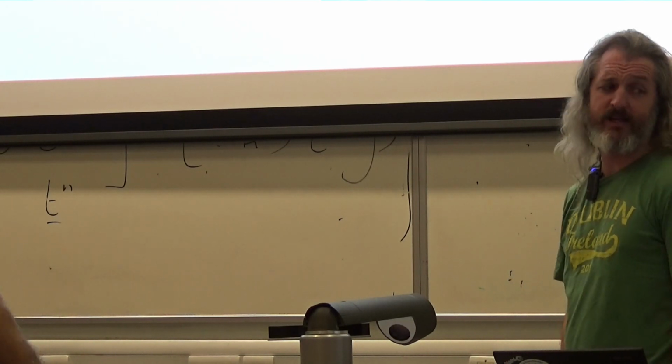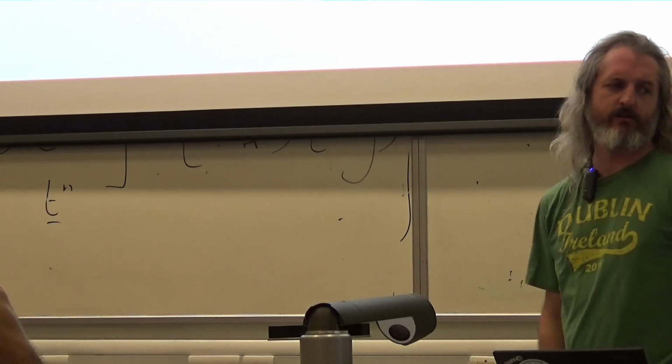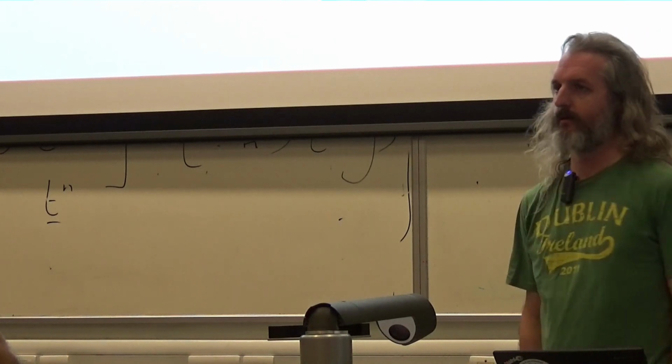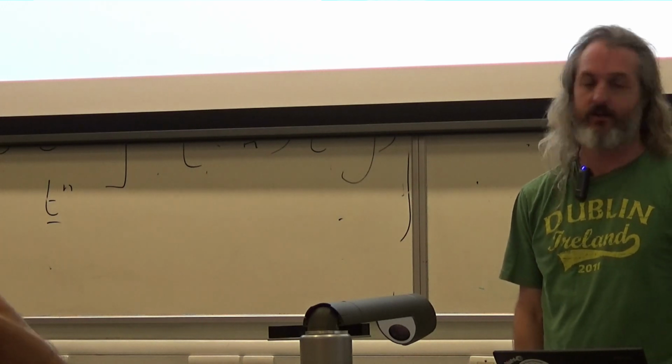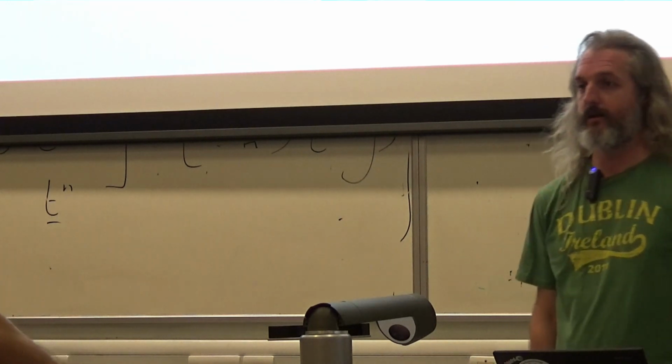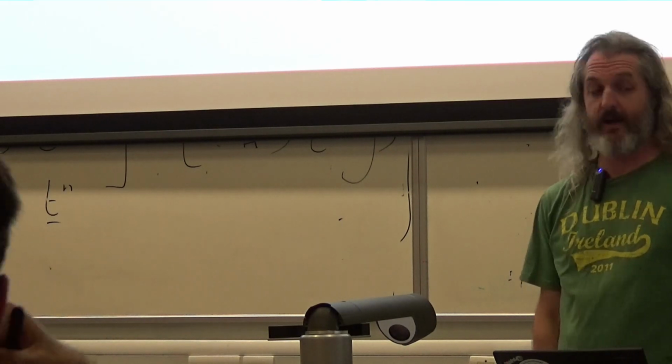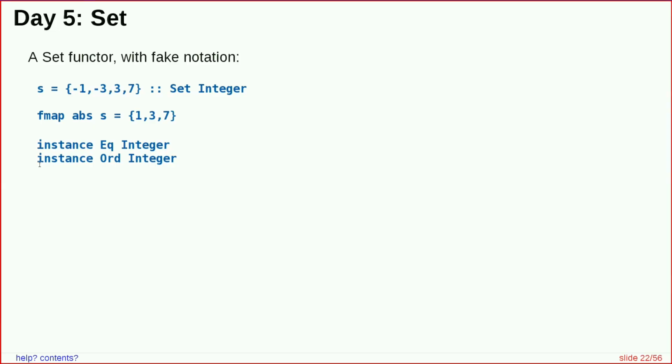Implicit in making that work, we needed equality. And in the Haskell implementation of set, they also need Ord, but you really only need equality to make that work. Okay, we had to be able to say, all right, I've got 3 and -3, but once I've fmapped them, they're now the same value. And that's how we can end up with this smaller set.